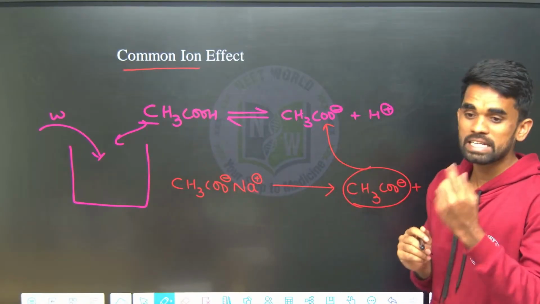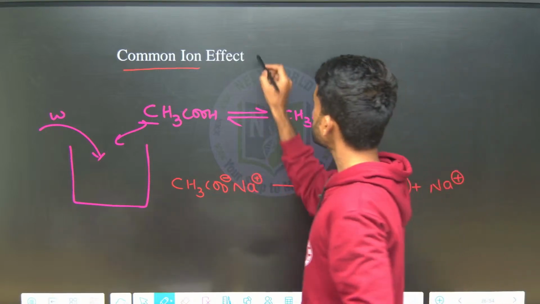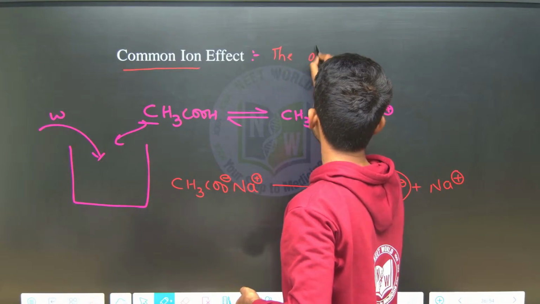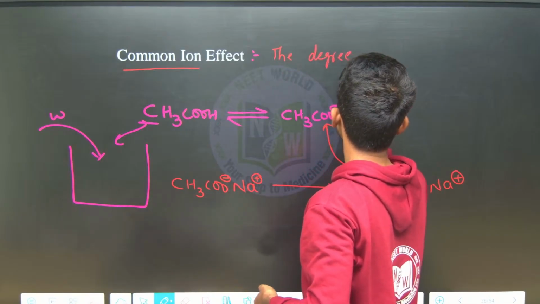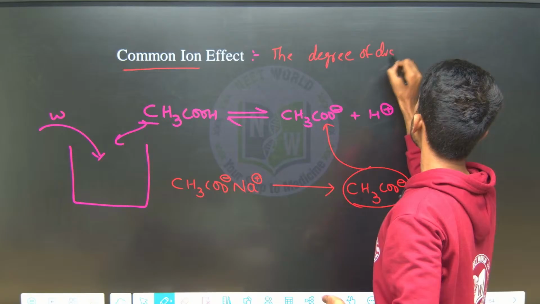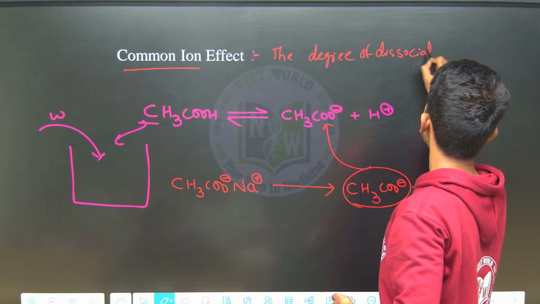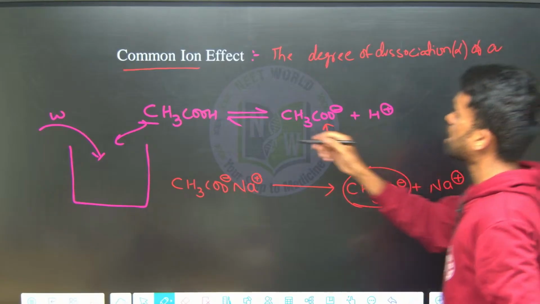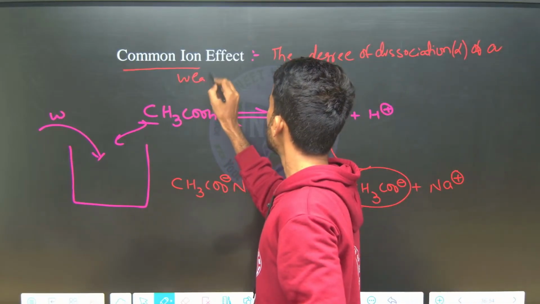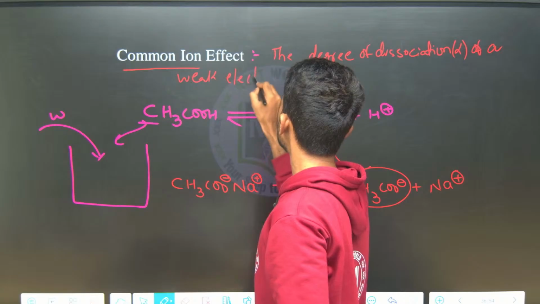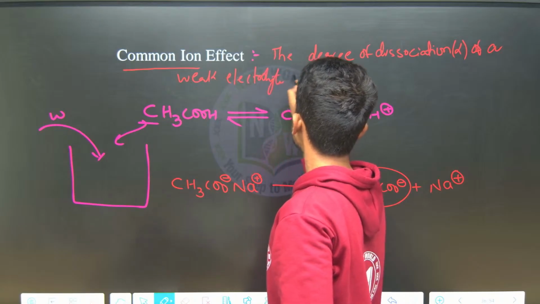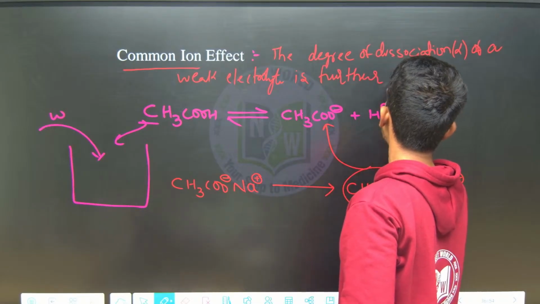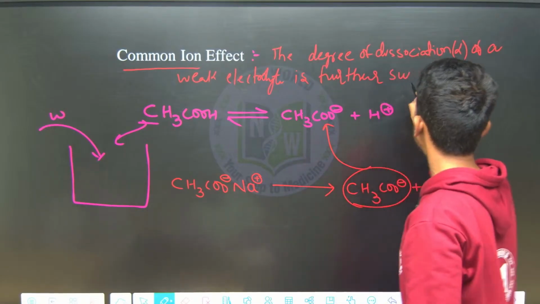So, what is the basic definition we can write? Common ion effect means the degree of dissociation, alpha, of a weak electrolyte is further suppressed. Why am I using the word further here?